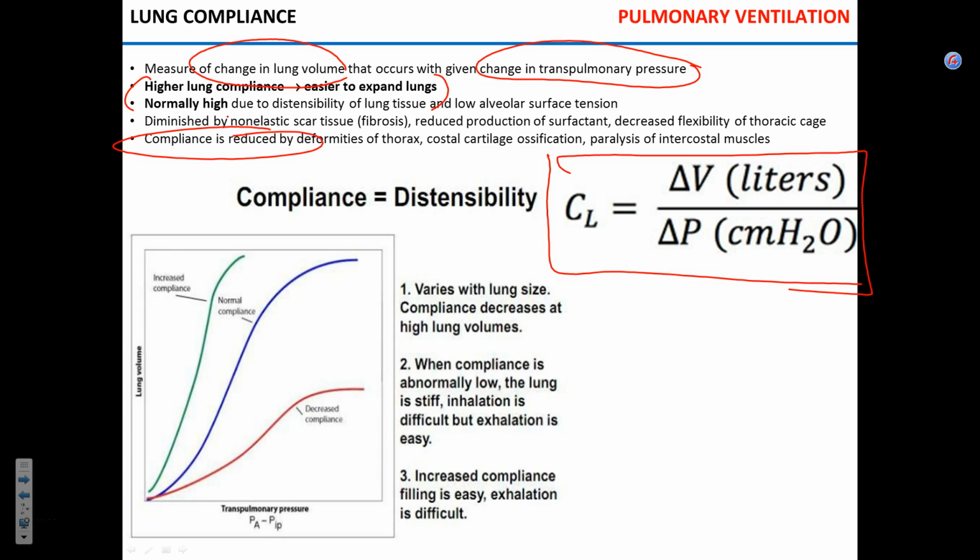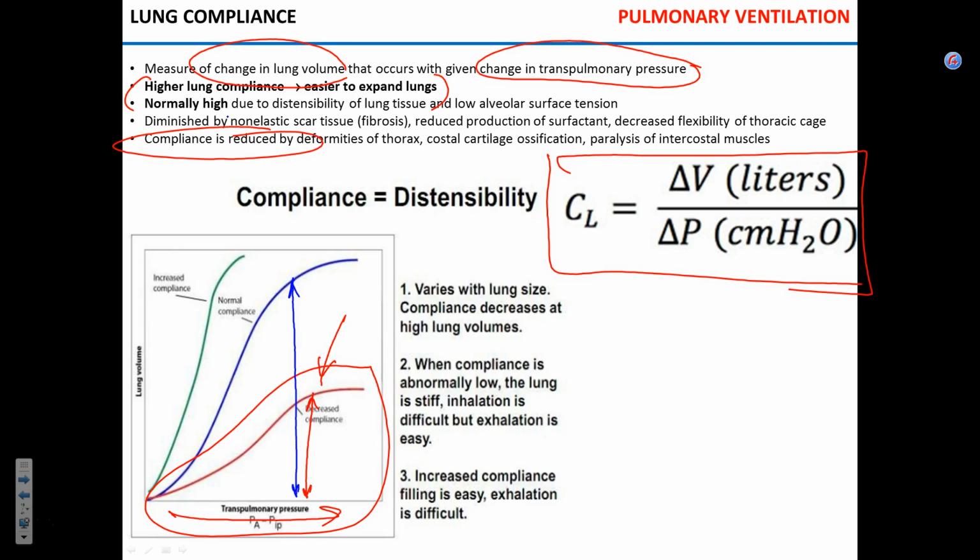Look at this. So this is transpulmonary pressure. And you can see that an increase in the transpulmonary pressure in case of decreased lung compliance leads to a much smaller lung volume and therefore much smaller volume of inhaled air compared to the normal compliance.